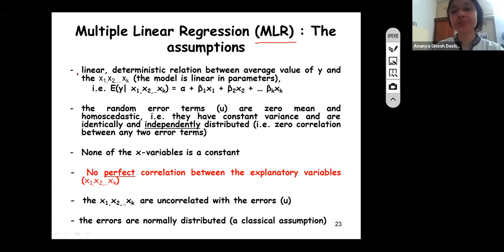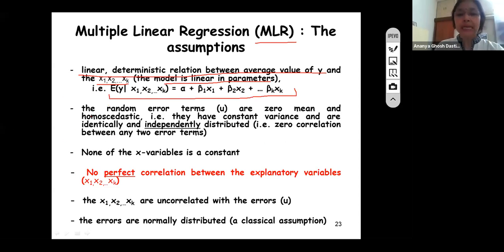So you have the same linear deterministic relation between the average value of y and the explanatory variables. The model is linear in parameters, so that this is our model. And the original model, of course, would have an error term in it. So y is equal to alpha plus beta 1 x1 plus beta 2 x2, etc., plus u.